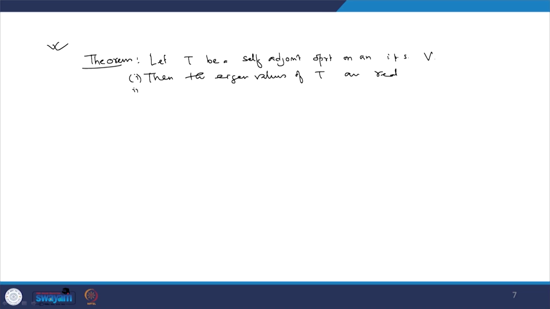Second, the eigenvectors associated to different eigenvalues are orthogonal.